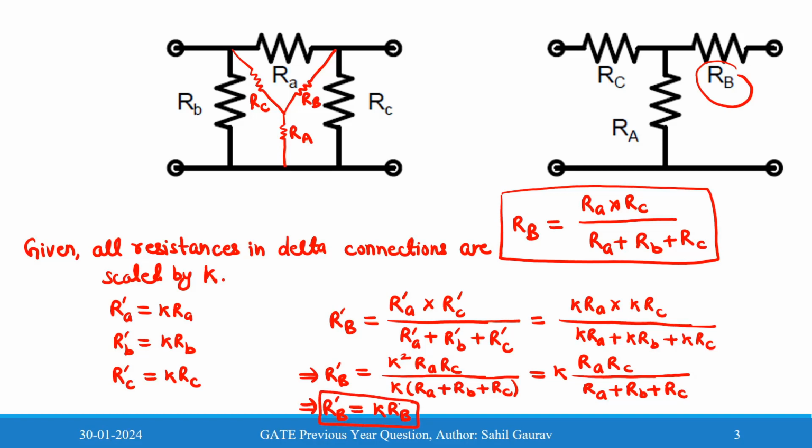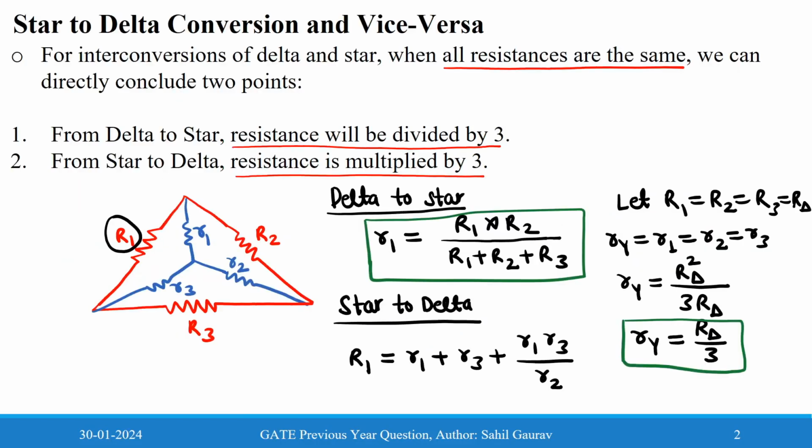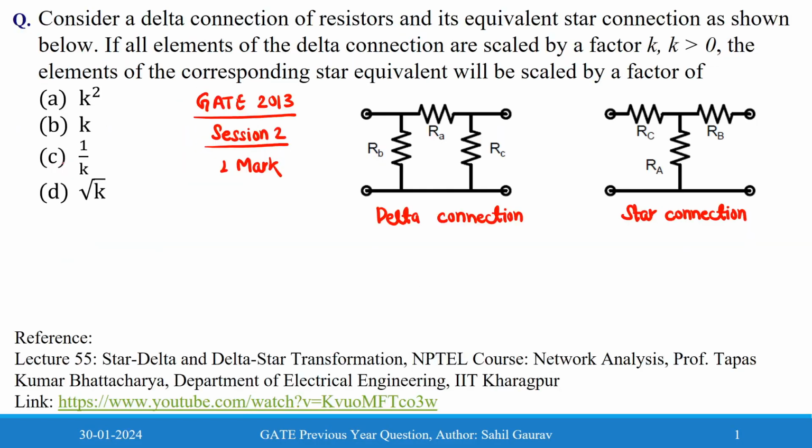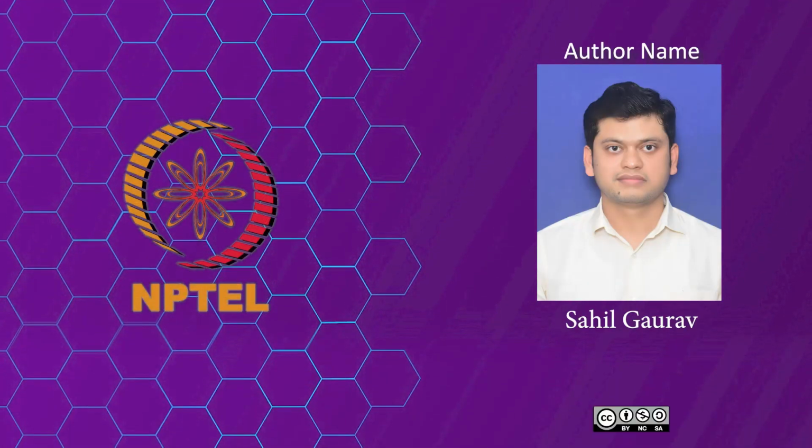So we can say that the resistance in a star network also gets scaled by the same factor as in the delta network. We have proved it here. So the correct answer is k, which is given as option B. Therefore, B is the correct answer. That's all. Thank you.